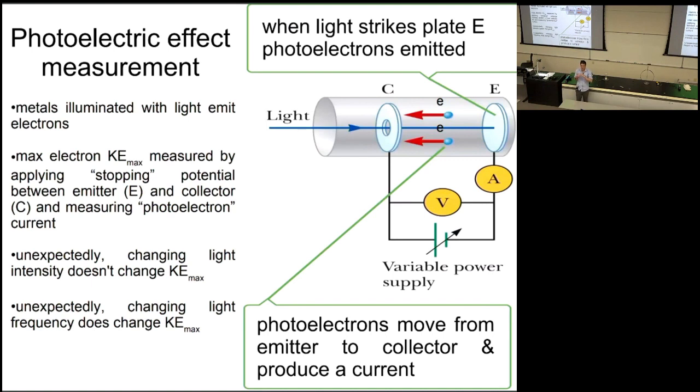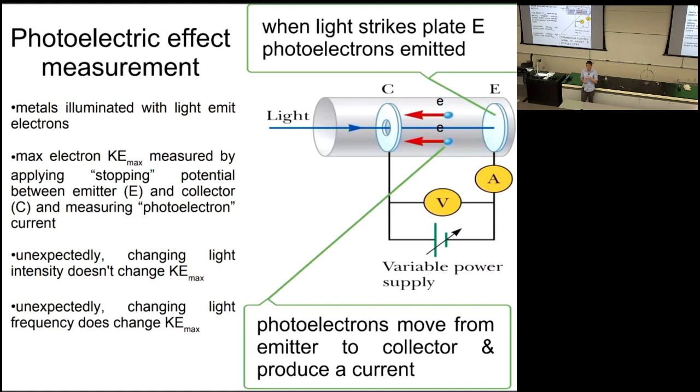So that's a really, really strange thing, because you would think a brighter lamp has more intensity, more joules per second per square meter, so I've got to get higher energy electrons. But no, you don't get higher energy electrons. Whether it's a dim lamp or a bright lamp, you get the same maximum energy for the electrons. What does change the maximum energy of the electrons is the wavelength or the frequency of the light.